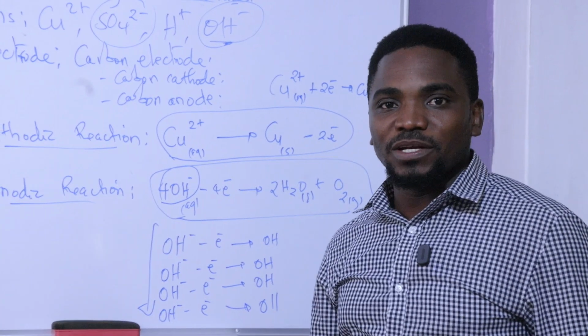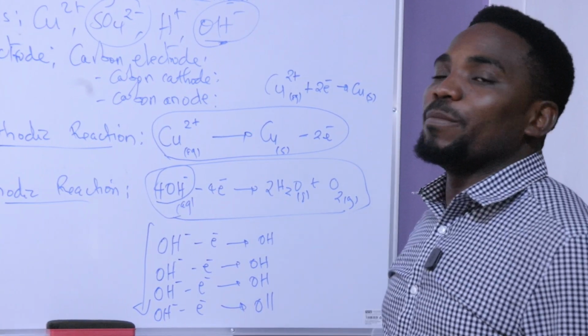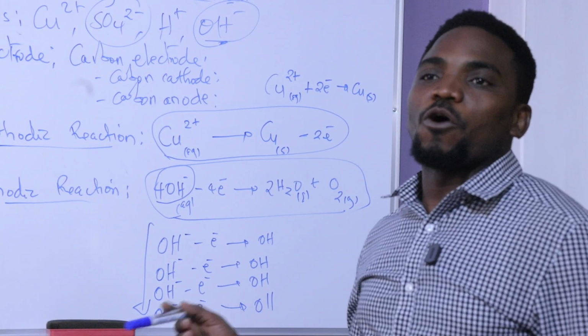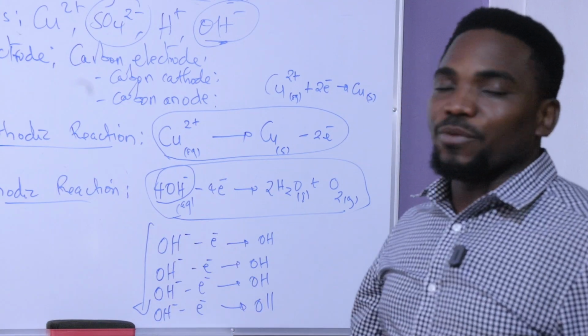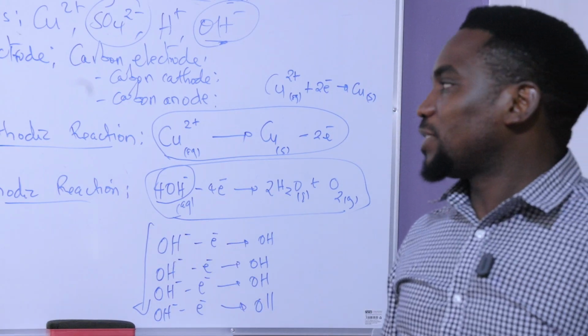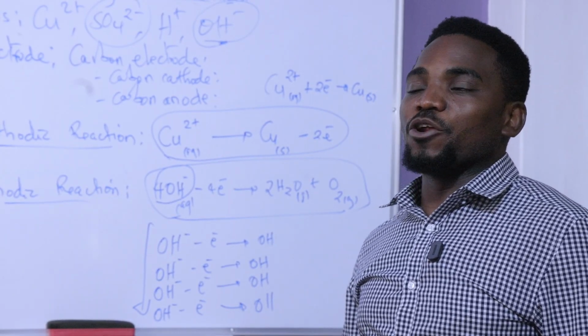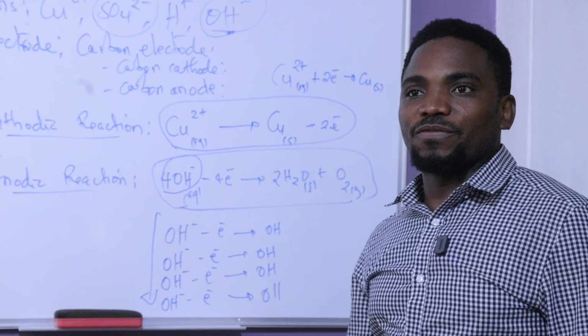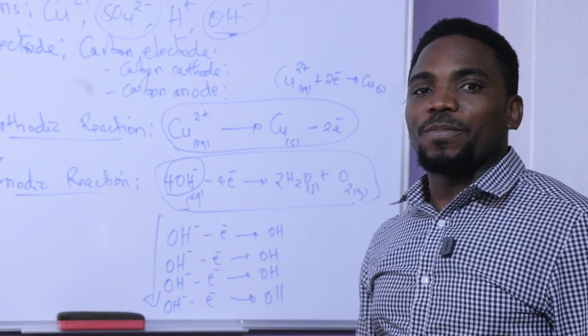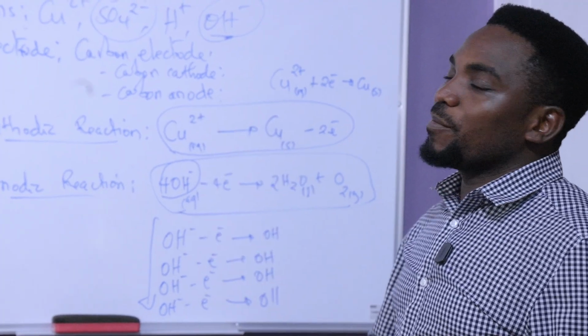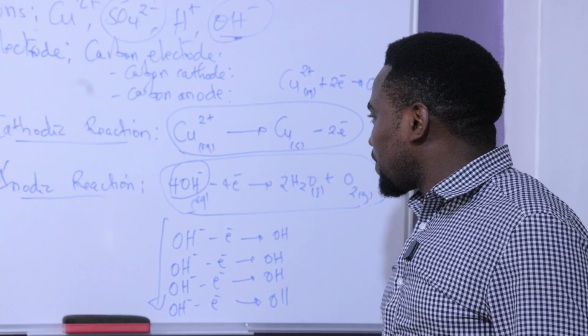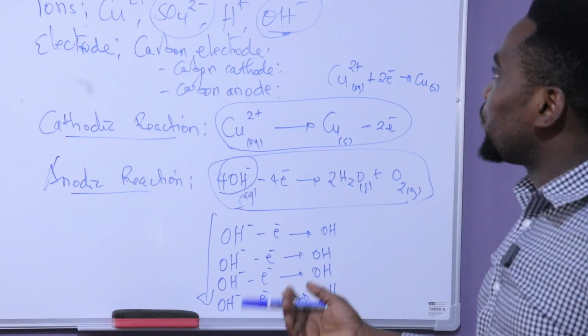And the mass of the cathode will increase because there will be deposition of copper. The deposition of copper will make its mass increase, but the mass of the anode remains as it is. There will be no ionization of copper because we do not have copper electrodes, but we have carbon electrodes. So I think you have got something very simple.